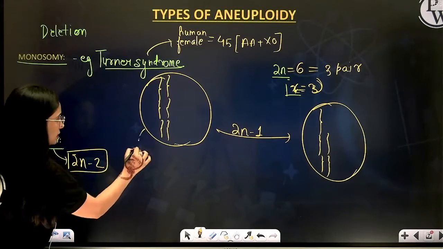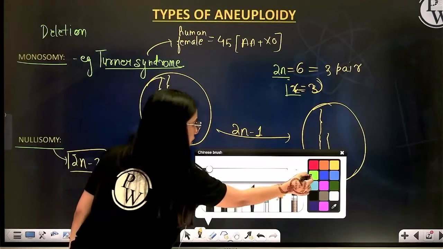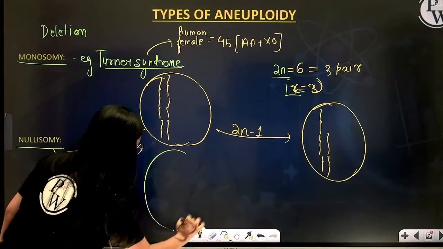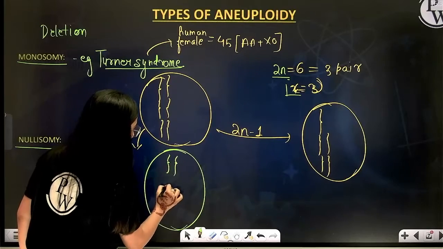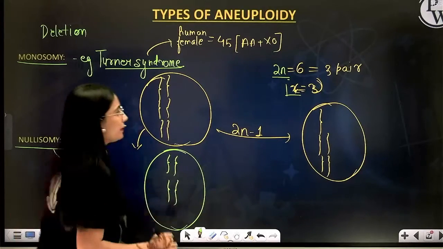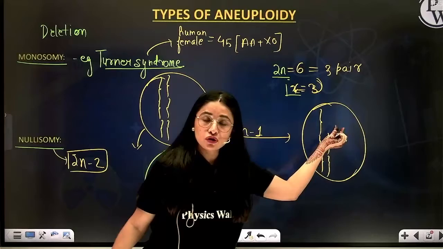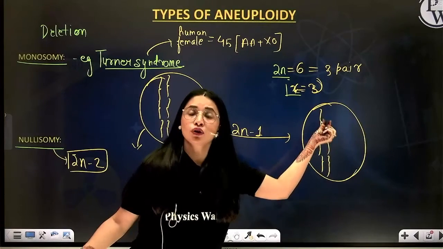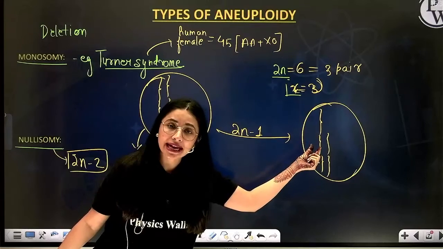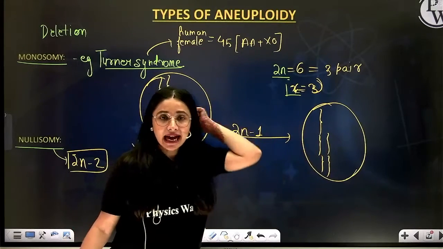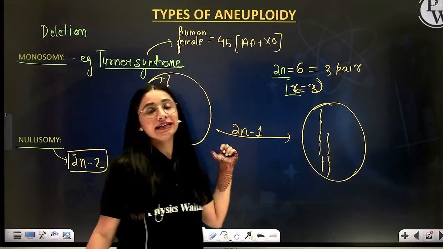That means, check this. What happened, beta? Here one chromosome got deleted. Now that is monosomy. If the second chromosome of the same pair gets deleted, then that is called as nullisomy.